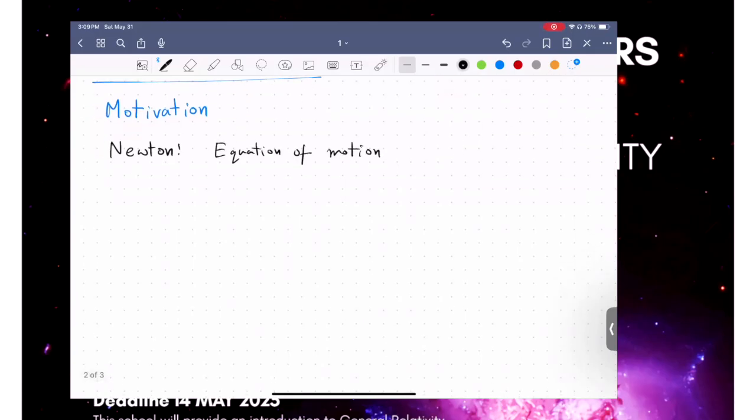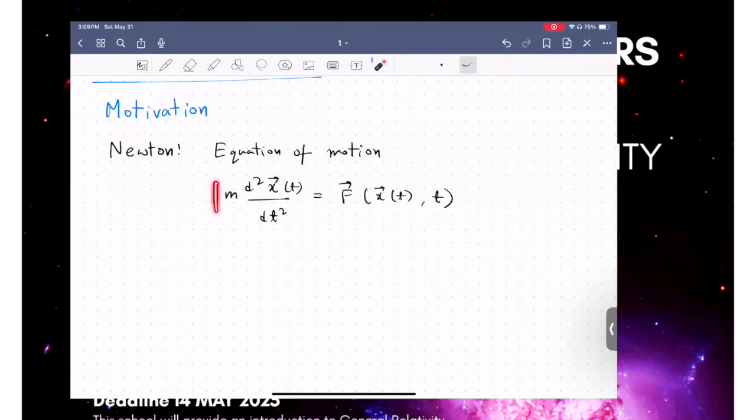F equals ma, or we can write something like this, right? And we're all familiar with equations of this type.